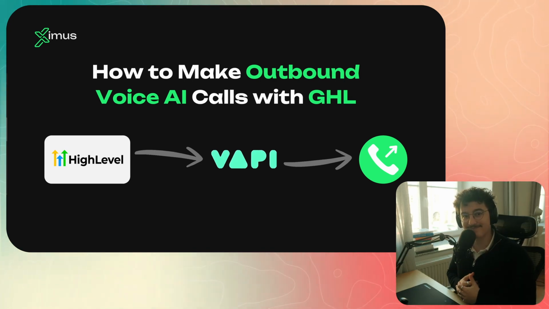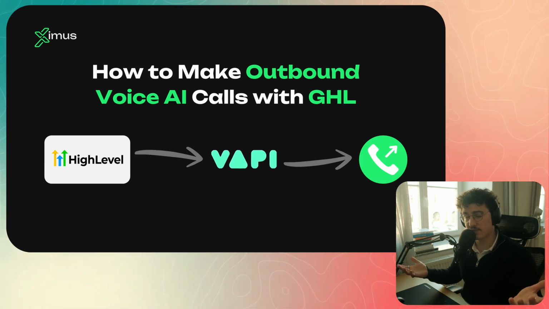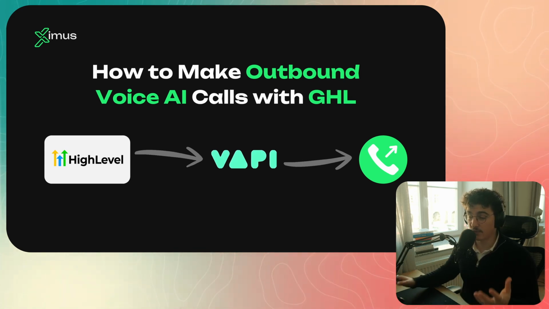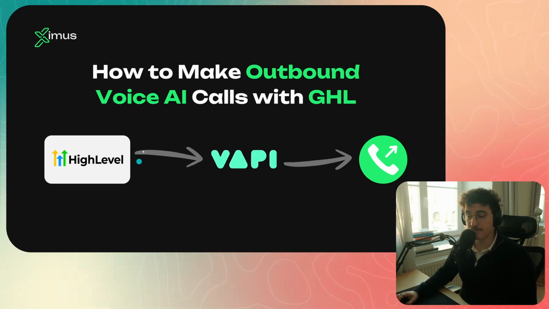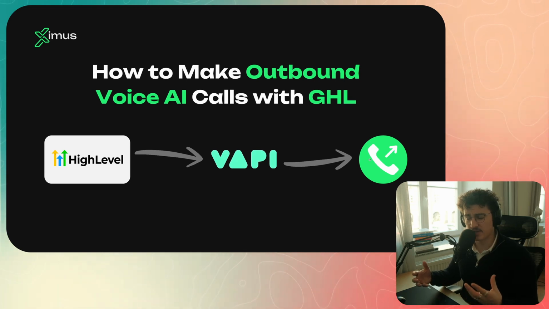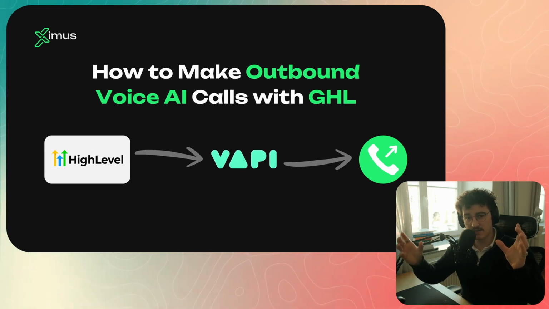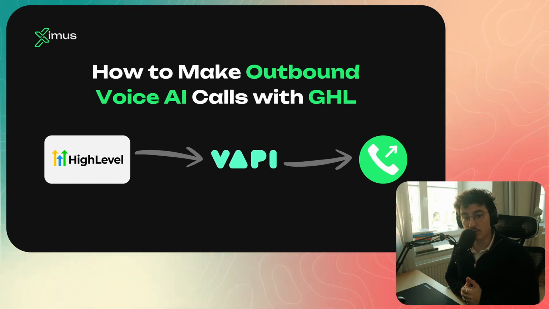Let's get into it. Now, how does this work? Well, we can initiate the outbound calls directly from GHL with custom webhooks to VAPI and then to the customer. And a webhook just essentially is a message from HighLevel to VAPI telling VAPI, hey, please trigger the outbound call.